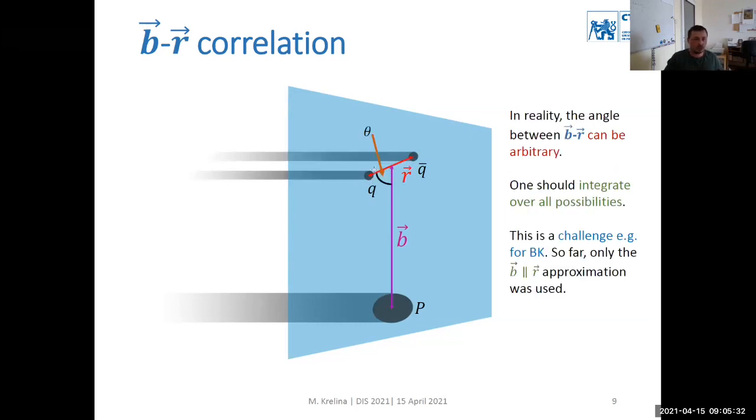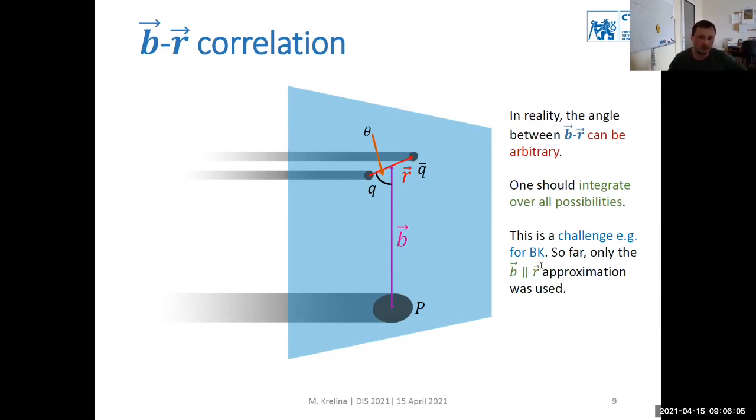But one can imagine that, in general, there is some angle between the vectors r and b. So in real life, or in more precise calculations, you should integrate over all angles theta. But of course, it's much more challenging, especially if you use BK, where you also have some evolution, which is even more challenging.